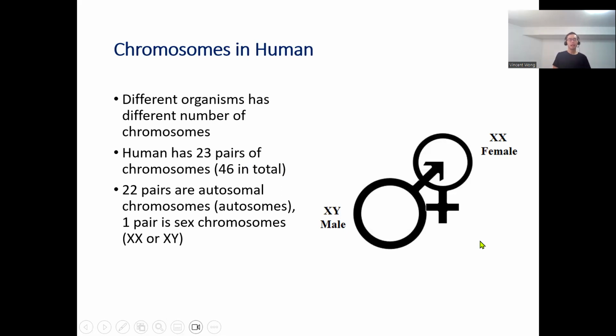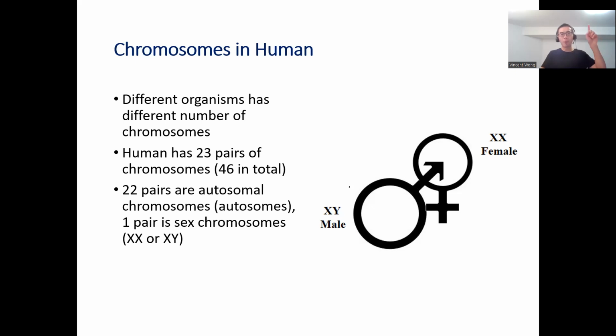So in humans, we have 23 pairs of chromosomes, 23 from mom and 23 from dad, and that makes up 46 in total. Now, of the 23 pairs, 22 pairs are called autosomal chromosomes, or simply autosomes.